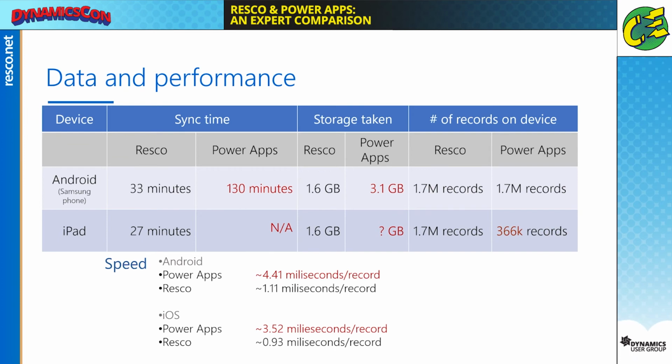The same set of records was downloaded with both applications, and this is how the PowerApps behaved. Also, the storage taken by the PowerApps was almost 2 times as big, which is very weird to us, but there's no information on what might be the cause.